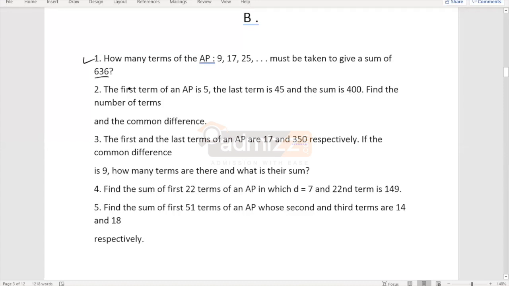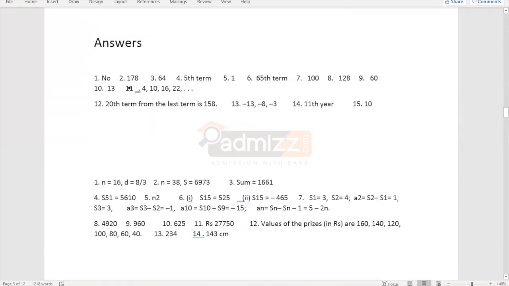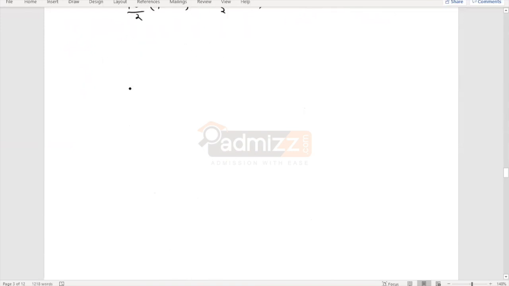So first of all, you should have an idea about how to use this formula. So at that time, first of all, you have to use this formula. So first of all, clear the concept. Now let us see what we actually have to do.